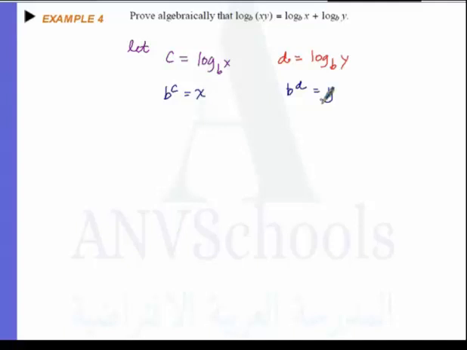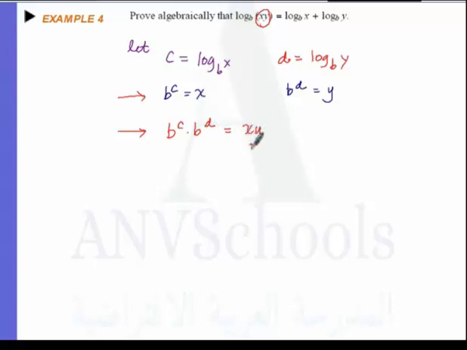And because we want to get an expression for xy, what we're going to do here is multiply x to y. So if we multiply x to y, we will also multiply b to the c to b to the d, and that gives us xy.